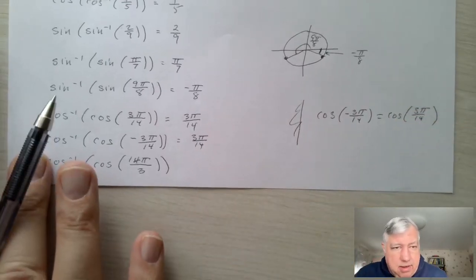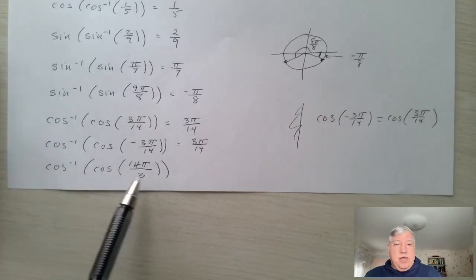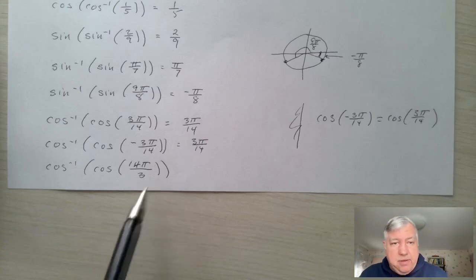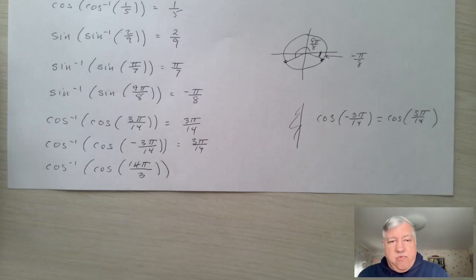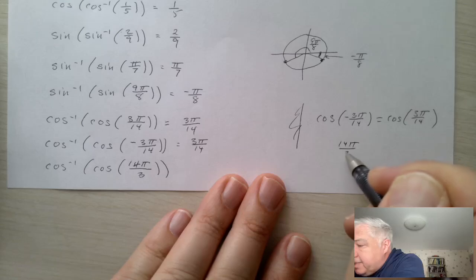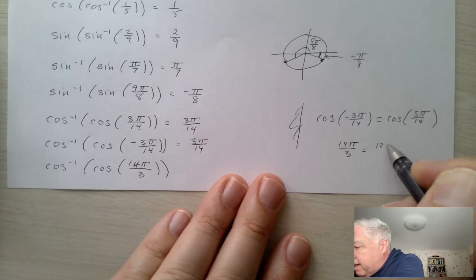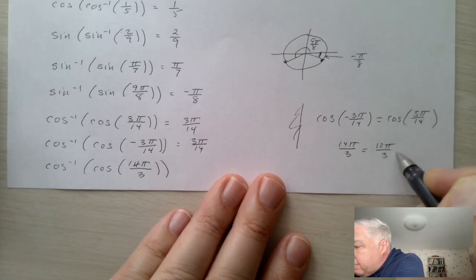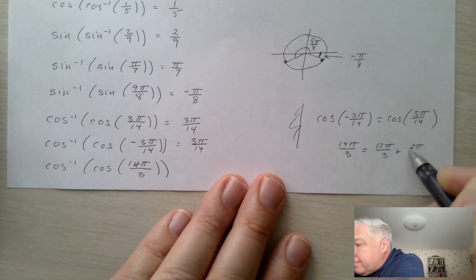And then the inverse cosine of the cosine of 14pi/3. 14pi/3 is not in the range, but we know that 14pi over 3 is the same thing as 12pi over 3 plus 2pi over 3.